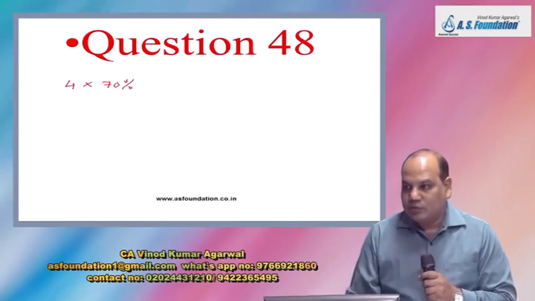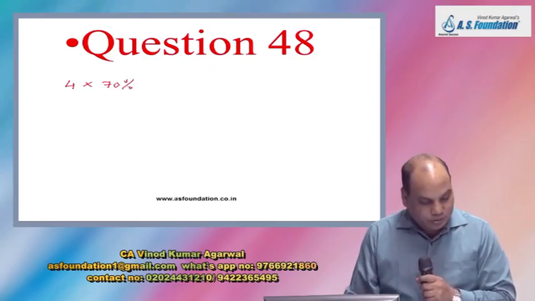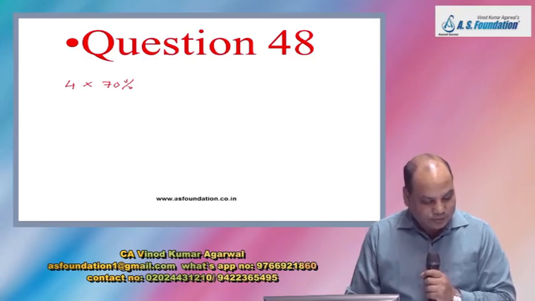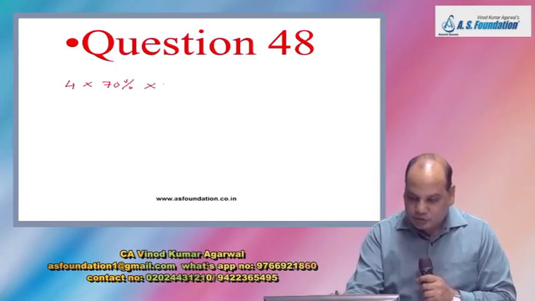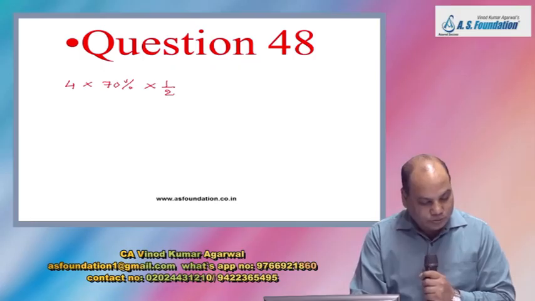So 4 lakh into 70% shares were acquired on 1st April 20x2 by issuing its own shares in the ratio of 1 share of Professional Limited for every 2 shares of Dynamic Limited. So they have issued their own share in the ratio of 1:2.